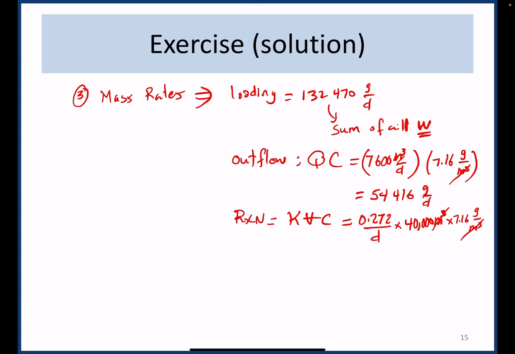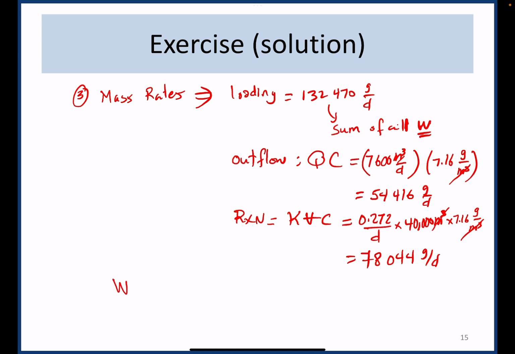Meter cube with meter cube, that's gram per day. Good. So the reaction rate, which is going to be subtraction from it, is 78,044 gram per day.